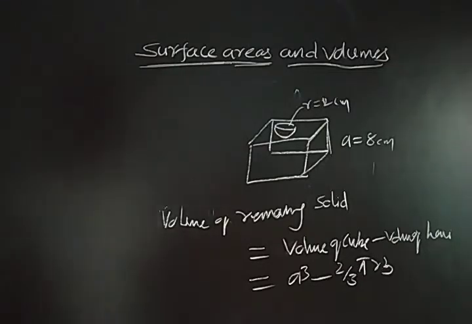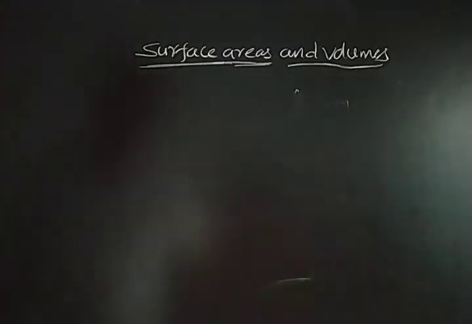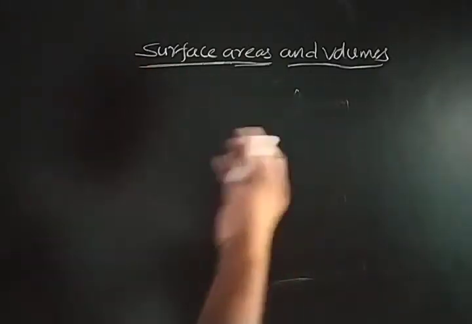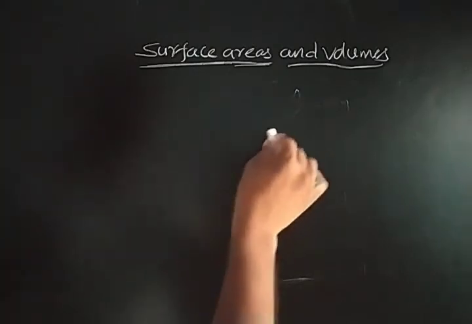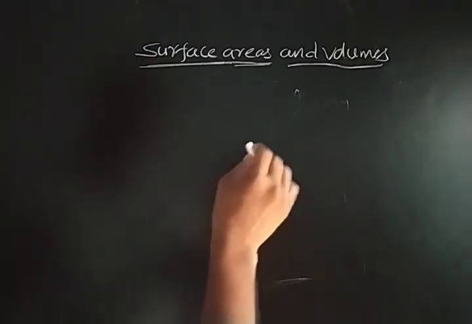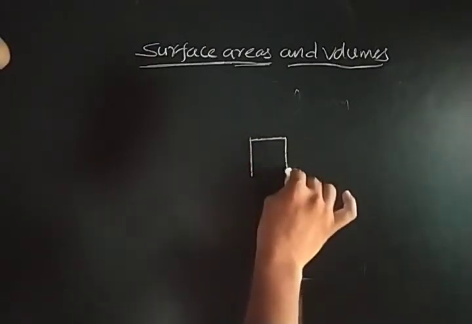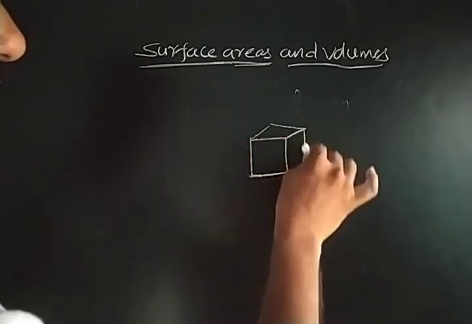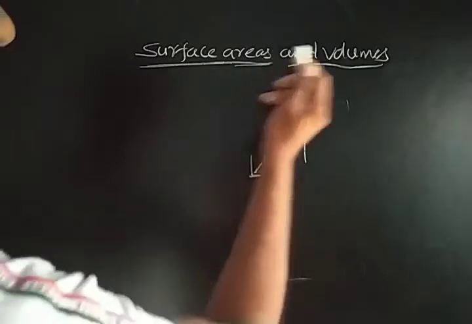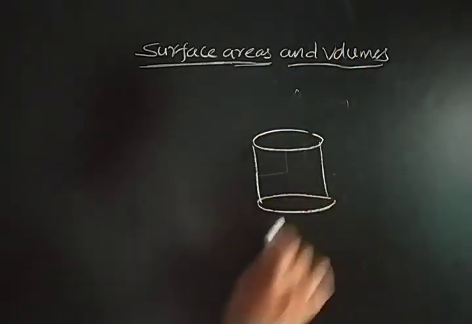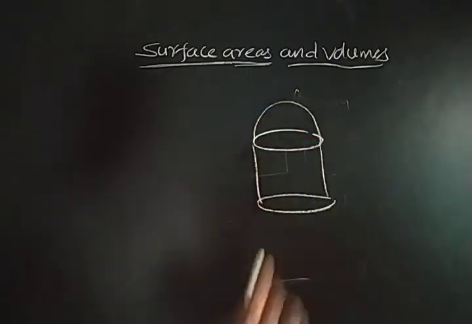Okay. One more example. If you read the question carefully and look at the diagram, you can know how to solve these problems. Okay. Suppose one more example I am giving here. I am taking one cylinder, and on the cylinder I am having one hemisphere on the top.